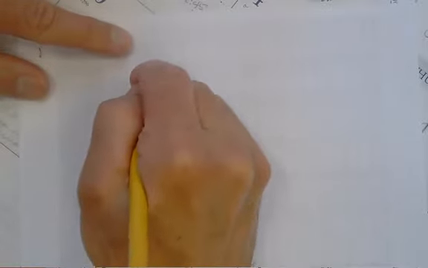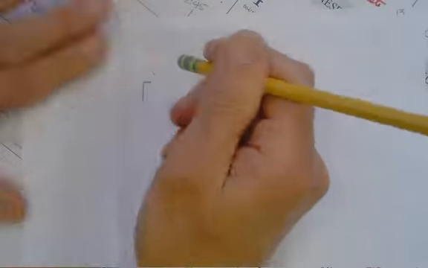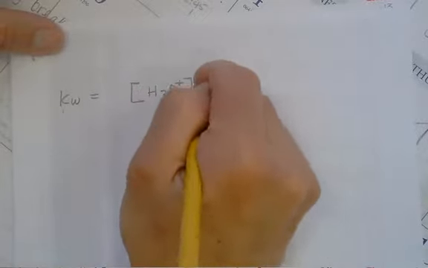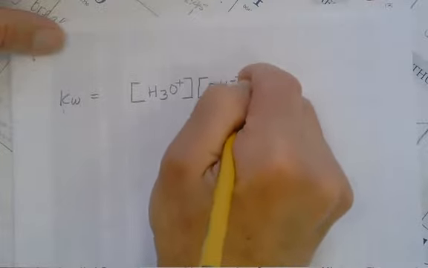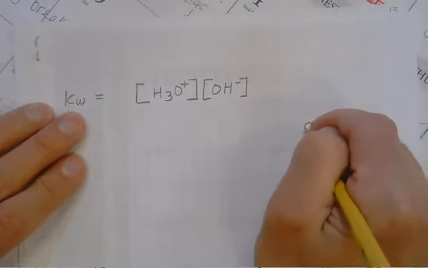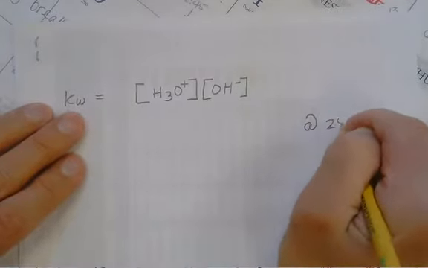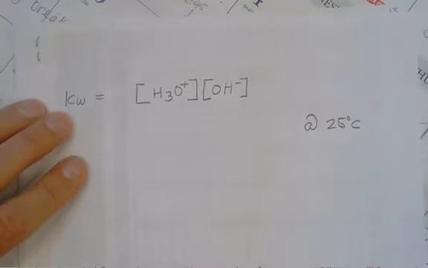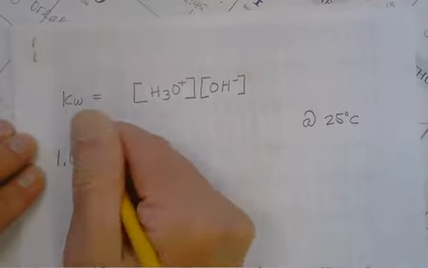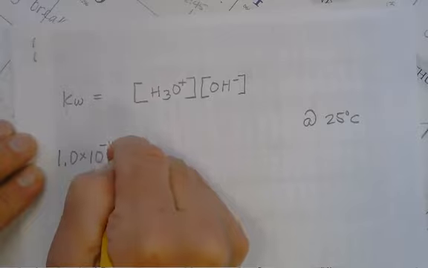So we know that this is always true: Kw is always equal to hydronium times hydroxide. This is true even at other temperatures, because all equilibrium constants can change. But if we make it specifically at 25 degrees, we know the value of Kw. In that case, the value of Kw is 1 times 10 to the minus 14th.